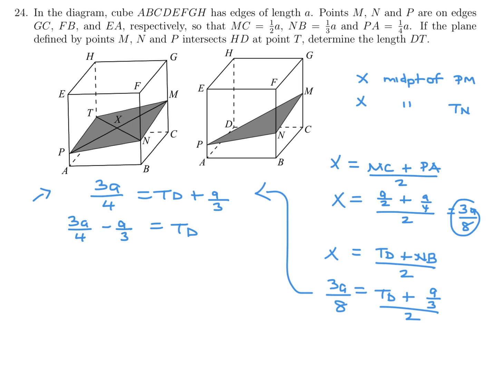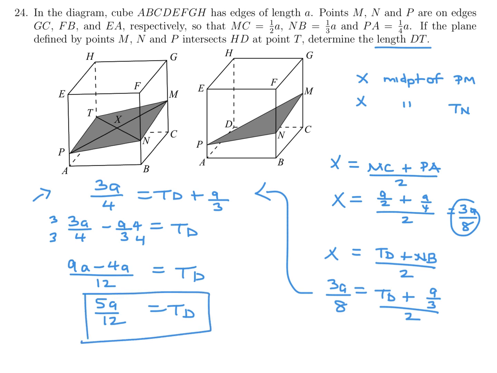Okay, so common denominator, 9A minus 4A over 12. So TD is 5A over 12. Yeah, so I did get an answer in terms of A, and although they don't really say determine the length of DT in terms of A, since A does not have any value, that's the only thing I could provide.